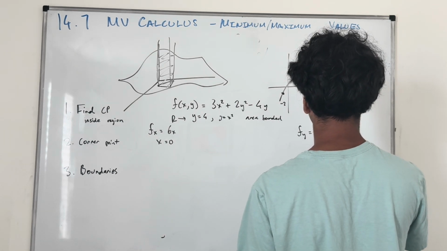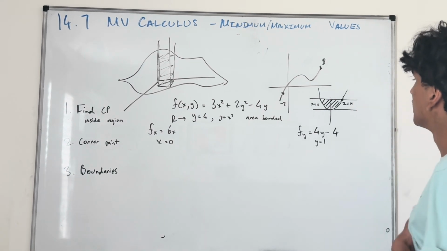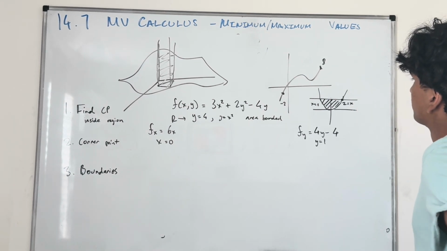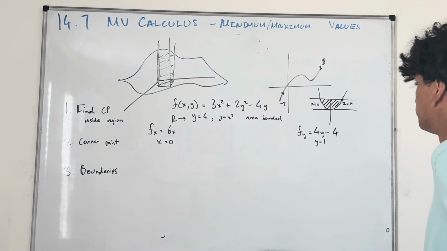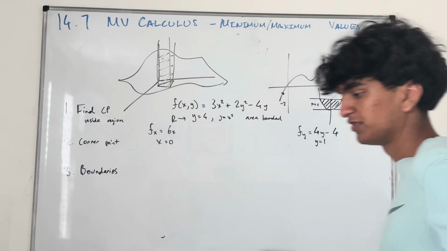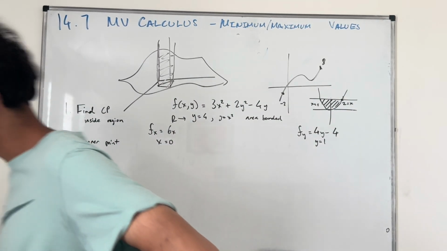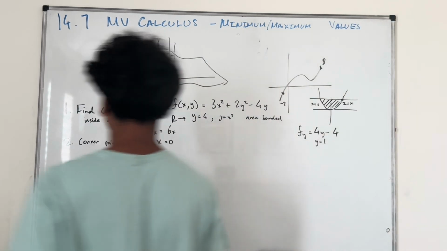This is zero when y equals 1. So x equals 0, y equals 1. That's essentially it, that was the entire thing. So there's only one critical point, (0, 1).